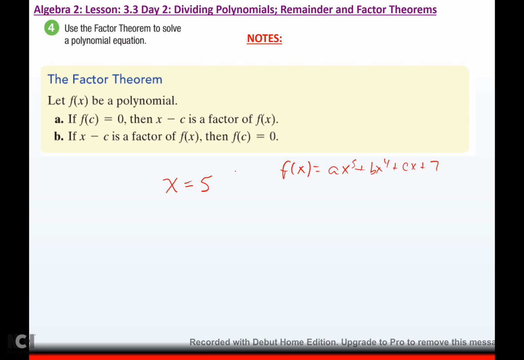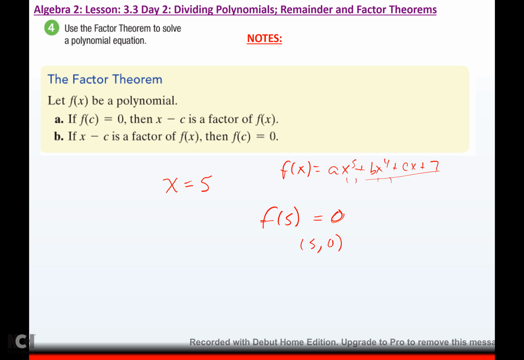If I tell you that 5 is a solution, which means that if I plugged in f of 5 and changed all my x's to 5s and evaluated it, I would end up with 0, because for 5 to be a solution means it has to cross the x-axis at 5. That ordered pair is 5, 0, which means when you plug 5 into the function for x, you get 0 when you simplify it out.